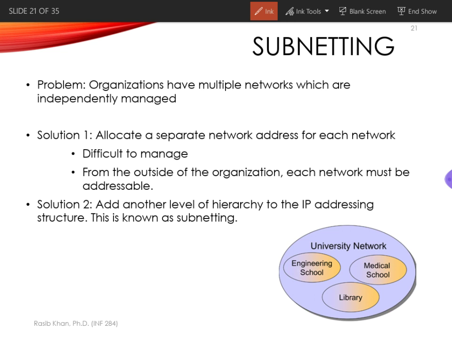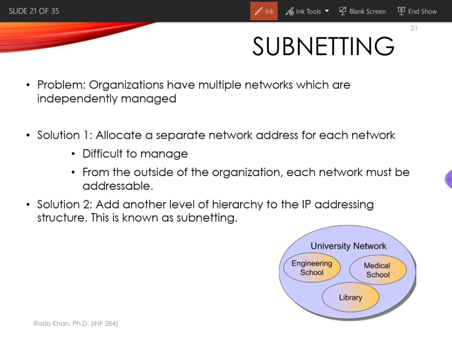However, there is a certain problem that subnetting addresses, and that is organizations, be it campuses or offices, may have multiple segments within the same network, and they would like to have separate management of these smaller networks.